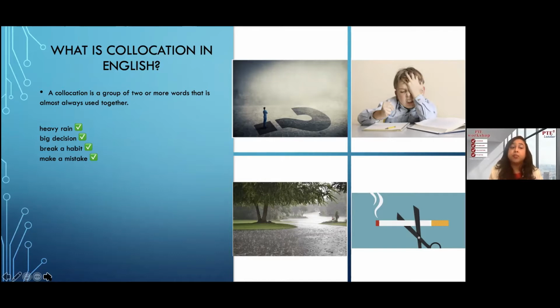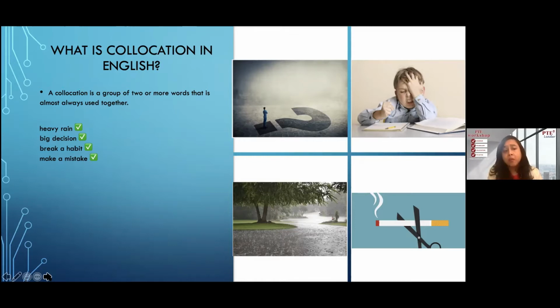That is the meaning of break a habit. For example, the last picture from this slide, smoking is very bad for our health. So if you are a smoker and you want to quit smoking, you can say, I have broken the habit of smoking. Make a mistake. Obviously, we all know the meaning of make a mistake.